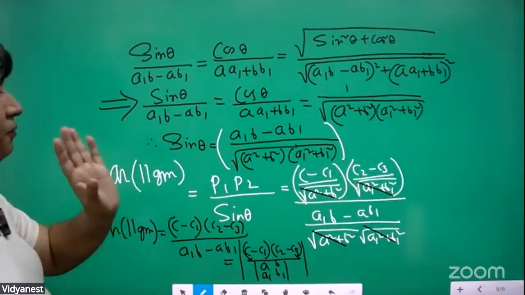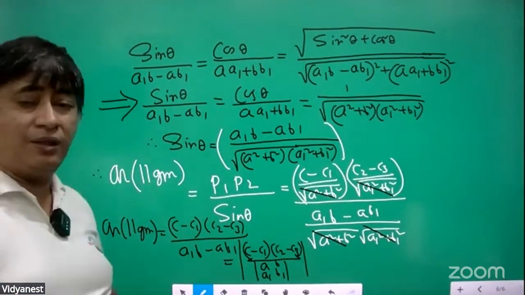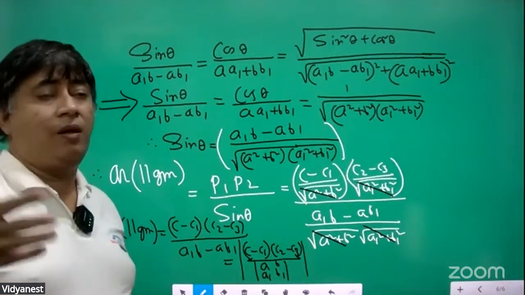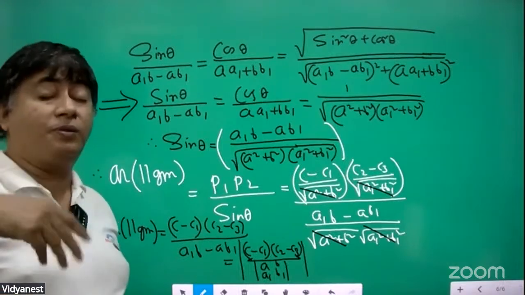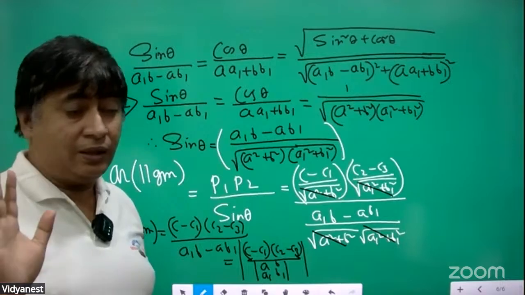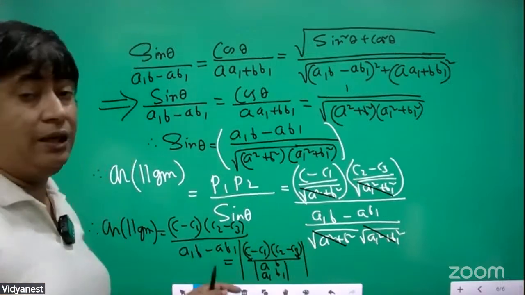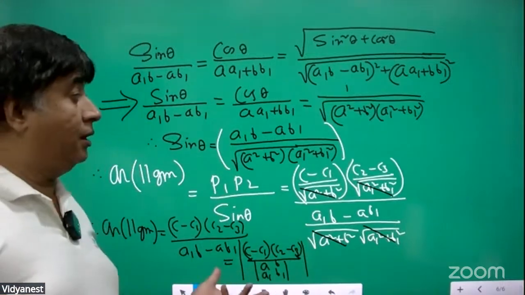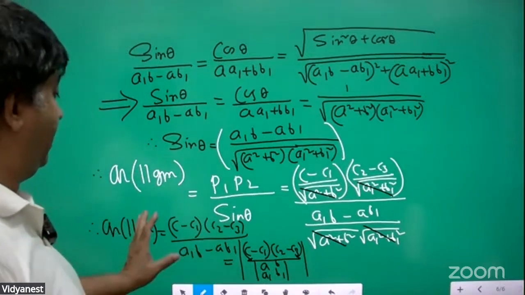If you know this formula, and if the equations of the pairs of opposite parallel sides are provided, then within a minute you can find the area.